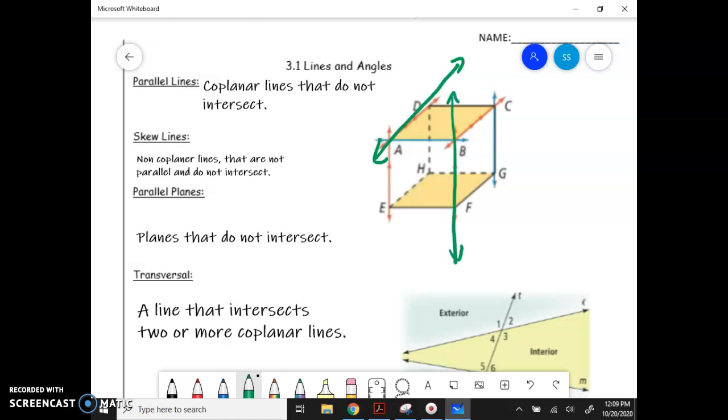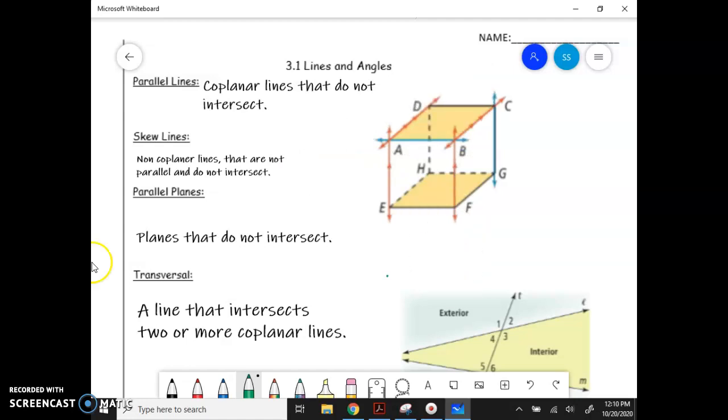Okay, these are not parallel and these will never intersect. So this would be line AD and BF. Those would be good examples of skew lines.